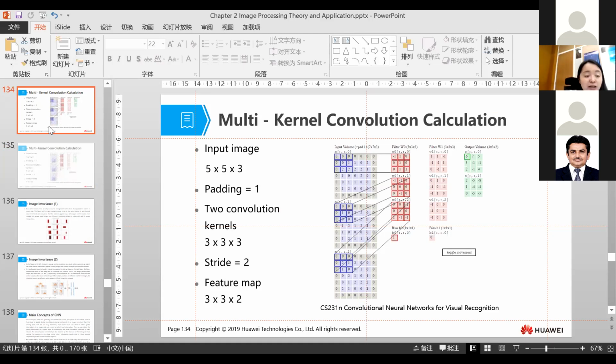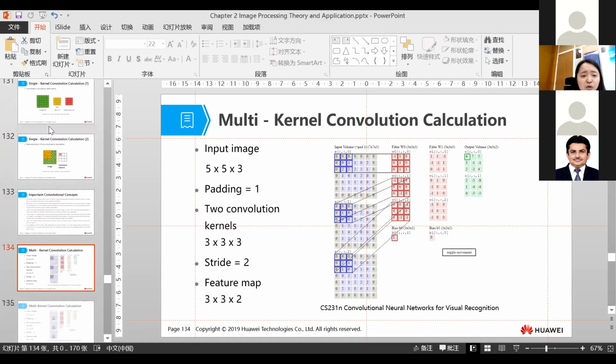Also, we can use CNN to process some sequential data. Actually, the function of CNN is to extract information from images or from sequential data. We can use CNN to process voice signals. It can also extract information from voice signals, from radio.